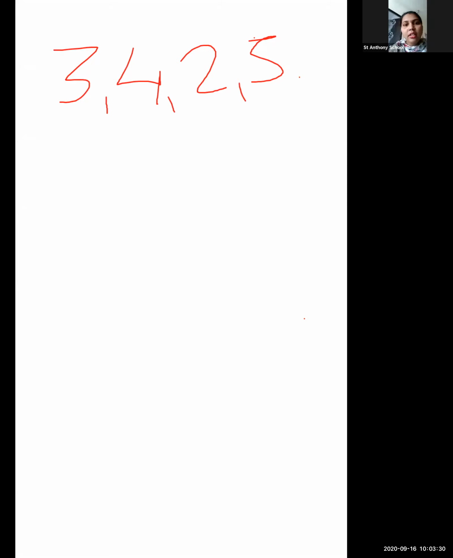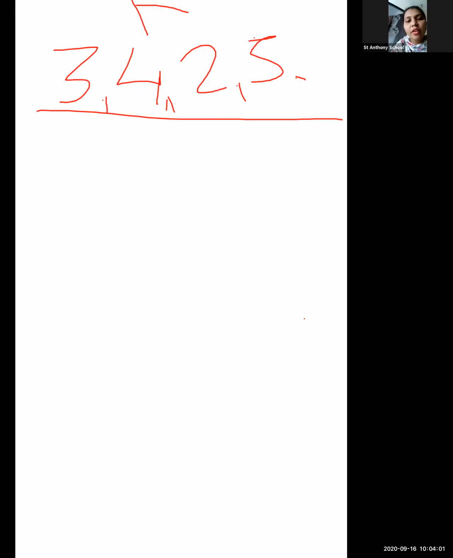When we write numbers in ascending and descending order, we always put a comma between two numbers. Always put the comma between two numbers. It's compulsory. So here the numbers are given. 3, 4, 2, 5.